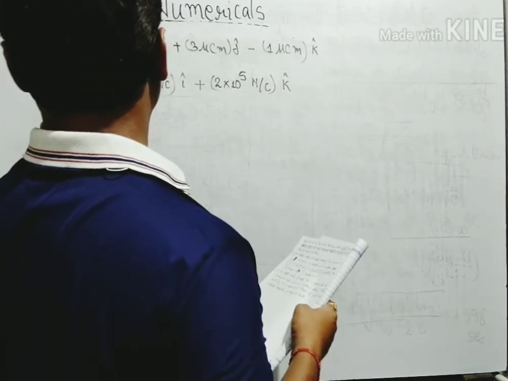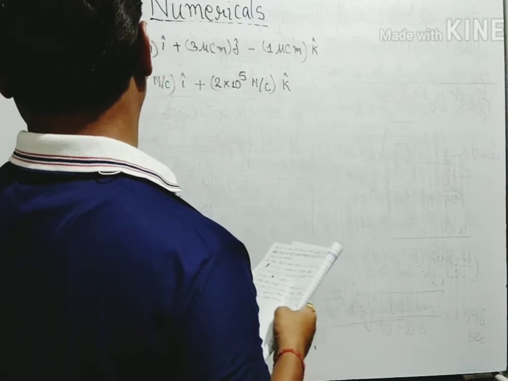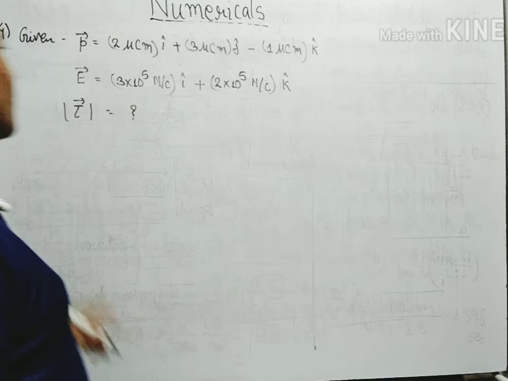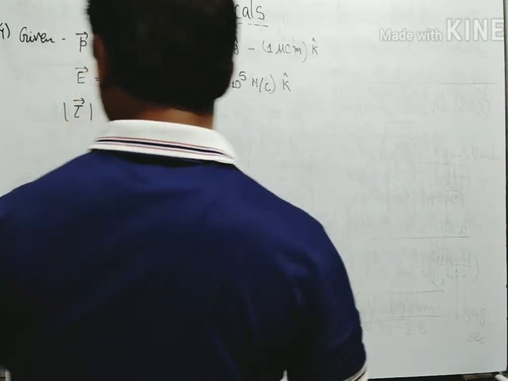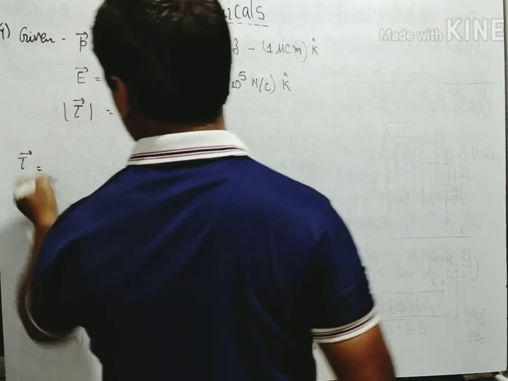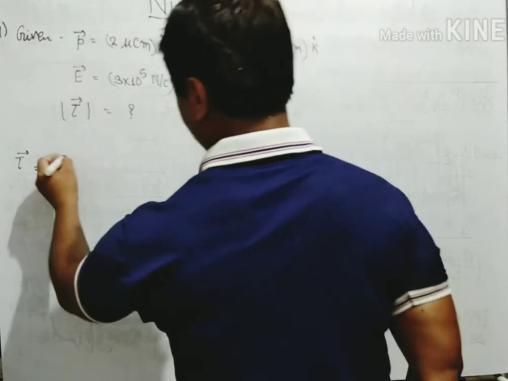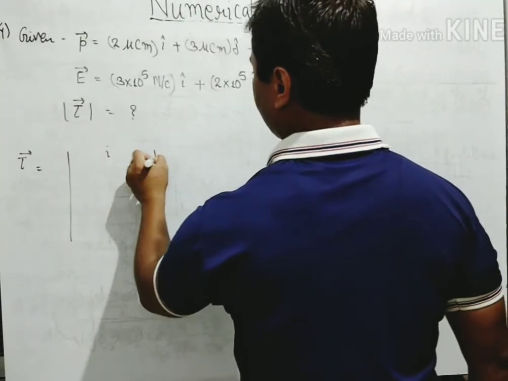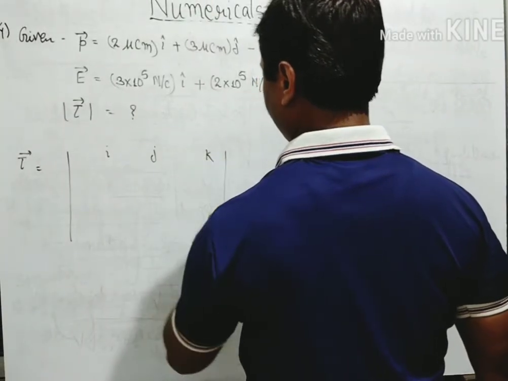So the magnitude of tau, mod of tau, needs to be calculated. So this is the information given. Now we must first find vector tau as the cross product, P cross E. For that we must have a determinant of 3 cross 3 order.